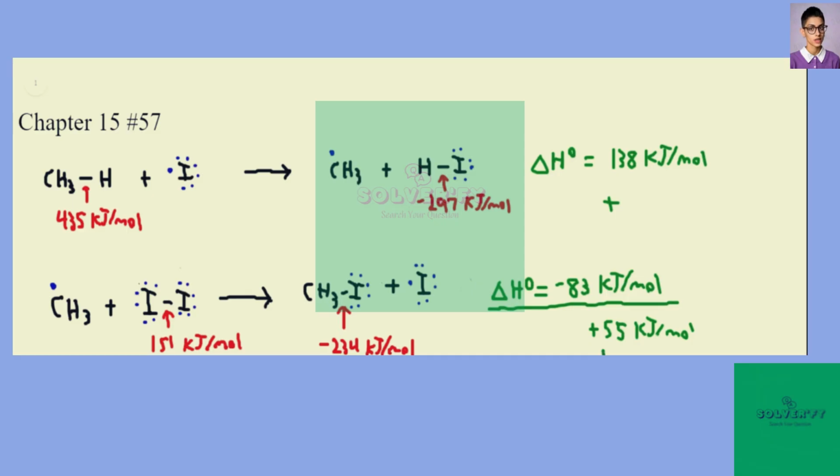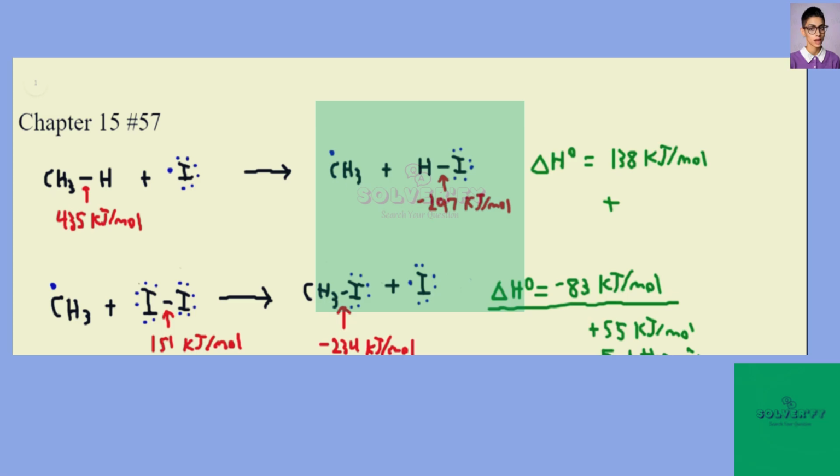And so this is endothermic. So this reaction requires quite a bit of energy to continue. And so this endothermic propagation step is going to be unfavorable. So there's no driving force for this propagation step to occur over and over again.